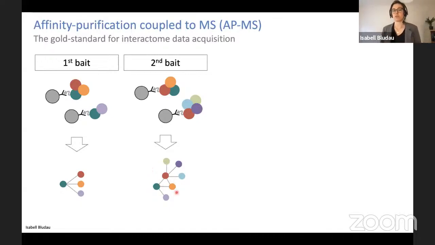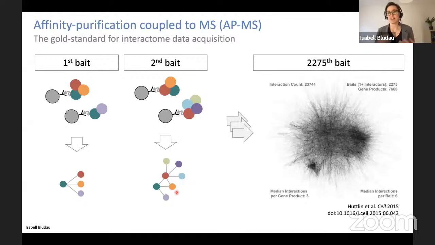If we now, however, want to look at the interactions in an entire cell, then we actually get fairly complex very quickly. So here I'm just showing one example of the massive BioPlex effort that has been led by Ed Huttlin et al. And here the goal was actually to get a handle on the entire interactome of the human cell by tagging all human open reading frames.